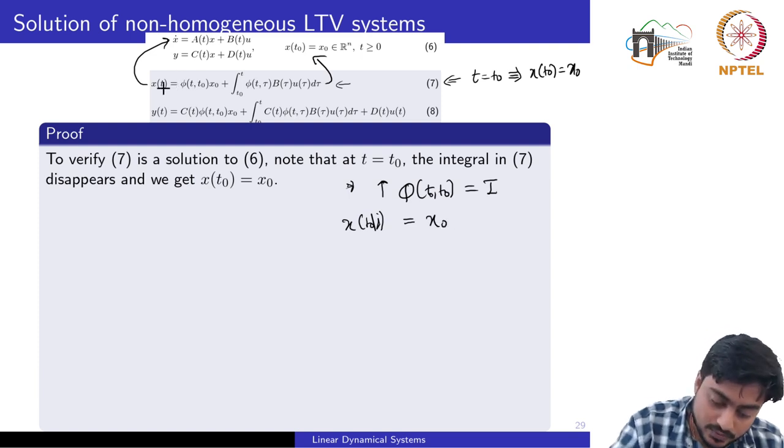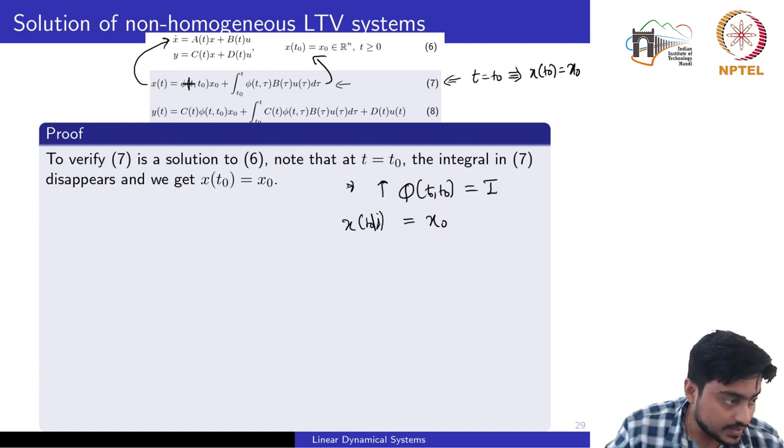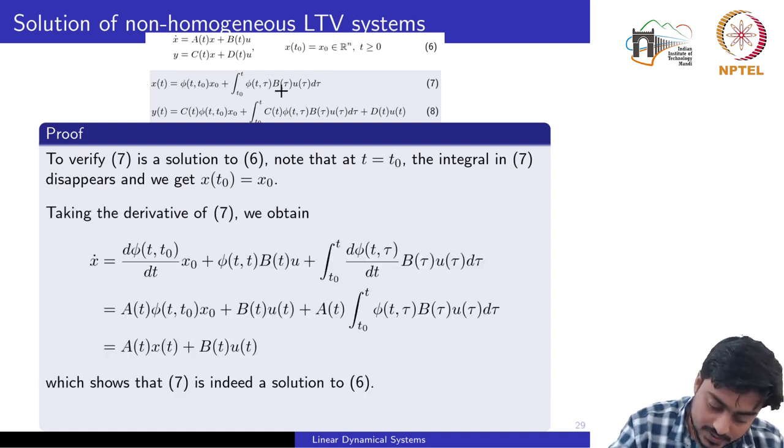Now the second part of the proof, I need to put x of t into this state space equation. So I need to take the derivative of this 7. X dot is equal to, because this is the only part which is a function of time, d phi by dt into x naught, plus, by using the differentiation rule of integral, because inside the integral we have only the function phi, which is a function of t, we take the derivative of this function phi.